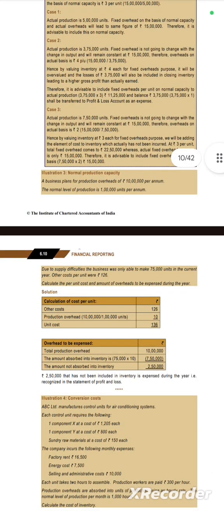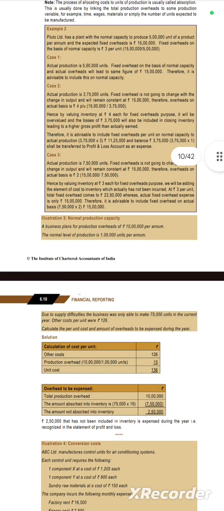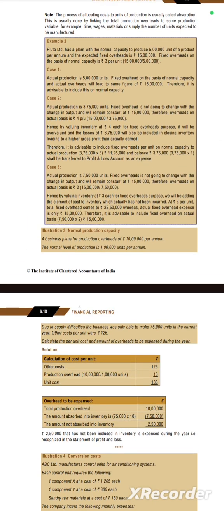Then the third is the case where the actual production is 7,50,000, which is more than the normal capacity production. In this case, just divide 15 lakh by 7,50,000, and you get a per unit rate of 2. Then multiply it by the actual production 7,50,000, and you get 15 lakh as the answer.